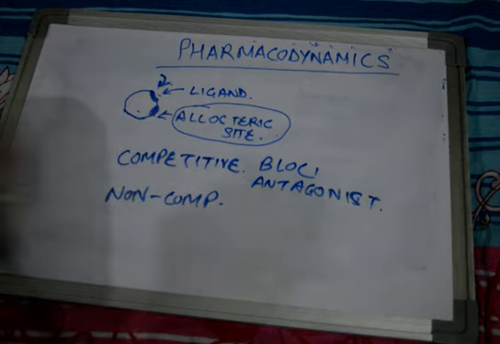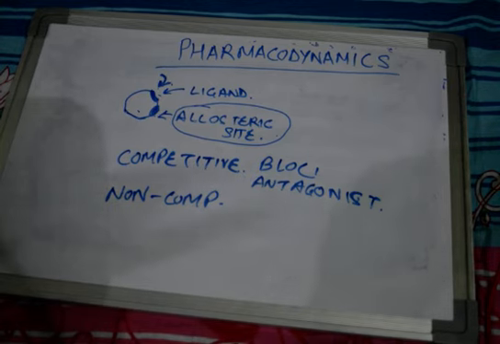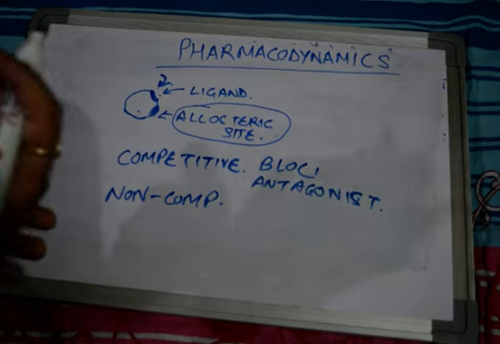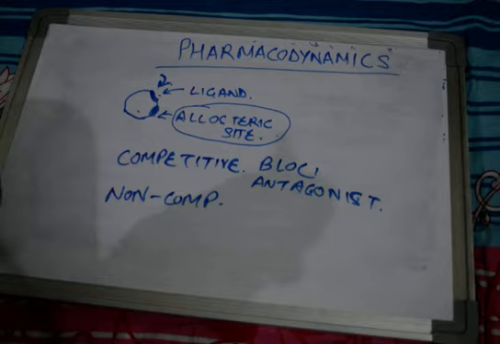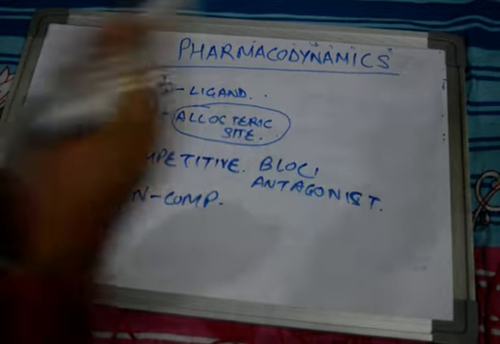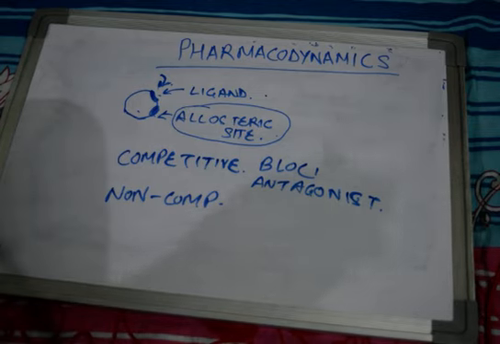Now, in competition, for example in a class when there is a competition, the student who gets more marks will be the topper. In this case also, if the ligand and the antagonist compete, whichever has more power, more number of molecules, will be the winner.